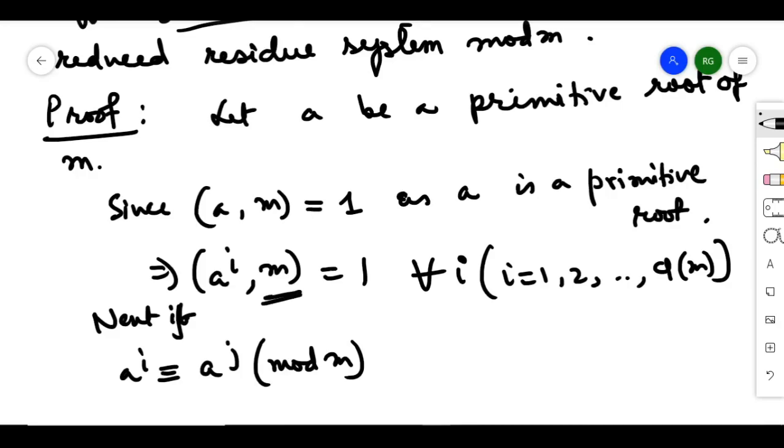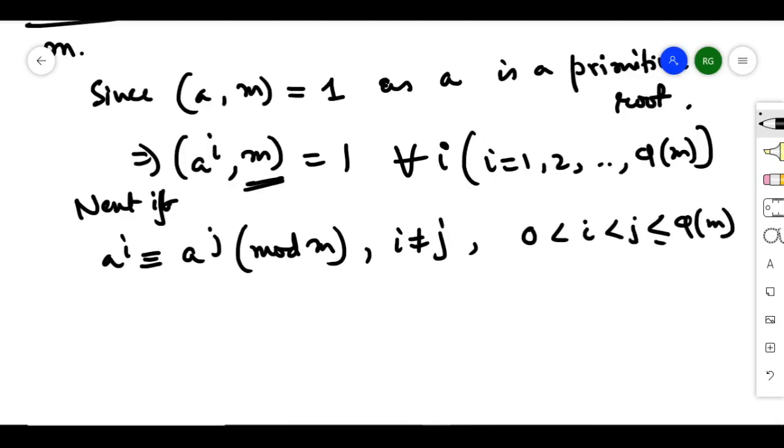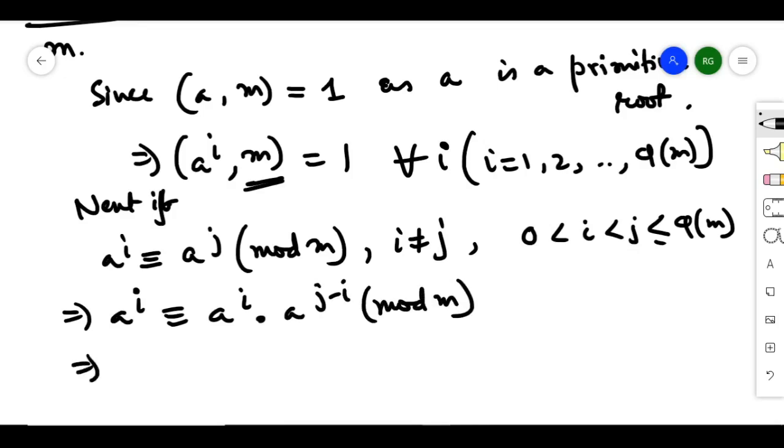So let us consider it possible that two integers, A power i and A power j, are congruent, where i and j are distinct integers lying in this range. So let us take, for our convenience, i strictly less than j, so that j minus i is positive. Then this can be written as A power i congruent to A power i multiplied by A power j minus i mod M, and here A power i is also relatively prime to M. Why is it so?